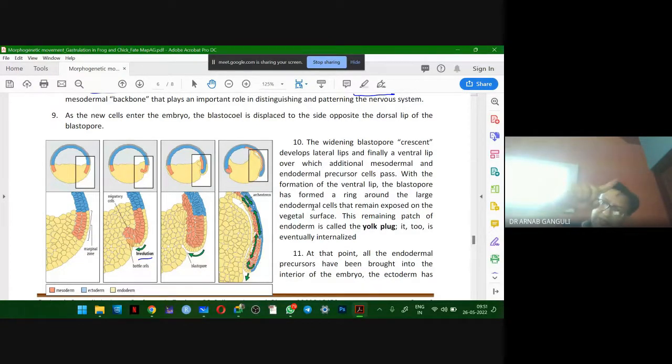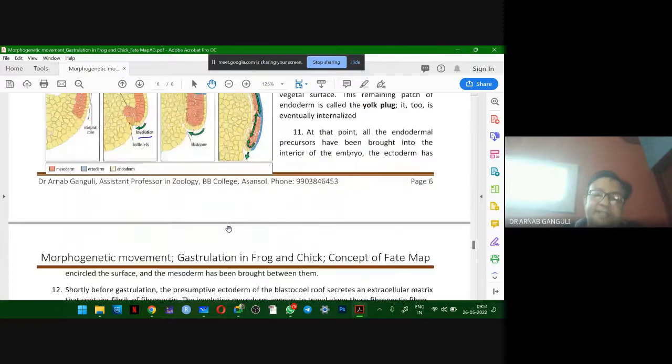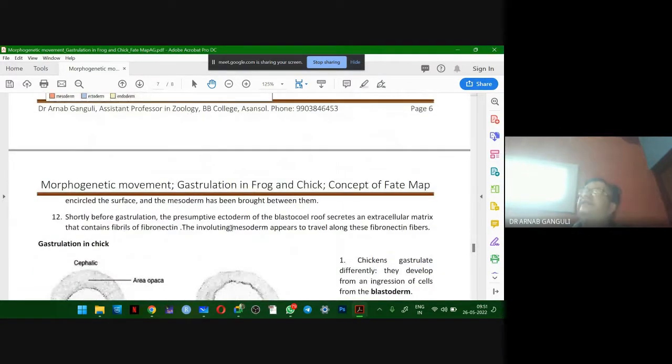So the blastopore has gone inside, the blastocoel has become the archenteron, and there first the chorda precaudal cells, then chorda mesodermal cells. This blastopore will widen, and on the ventral side there will be another lip formed. We will see these pictures later. So far clear, right?